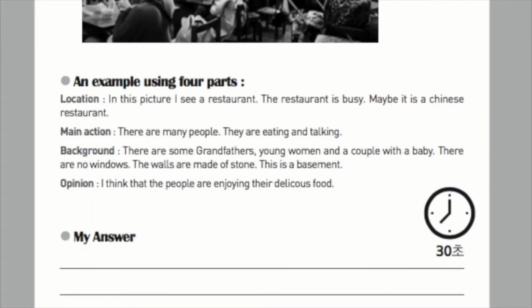Now I'm going to read, and I would like for you to repeat after me. So try to repeat after I read each sentence. In this picture, I see a restaurant. The restaurant is busy.